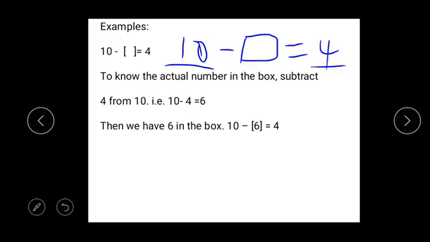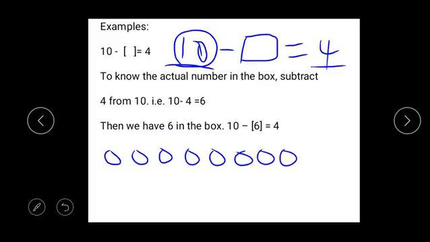That is, we are going to count 10, which is the big number. 1, 2, 3, 4, 5, 6, 7, 8, 9, 10. We are being given two numbers. You are going to work on those two numbers to get the number in the box.